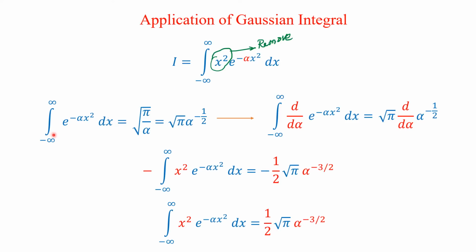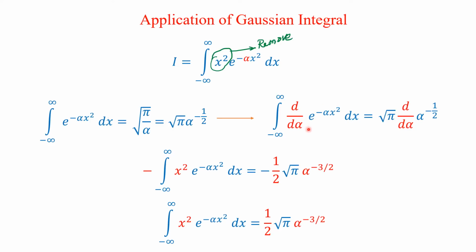So naturally, this will be the usual Gaussian integral. What is the result of this integral, e power minus alpha x squared dx integrated from minus infinity to plus infinity? Just now we have seen this is equal to the square root of pi by alpha, which is equal to square root of pi times alpha power minus half. So now I am going to apply the small trick as I said. You differentiate this exponential term with respect to alpha.